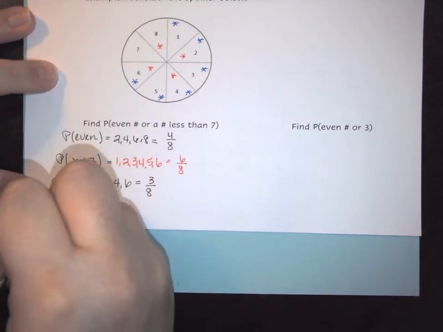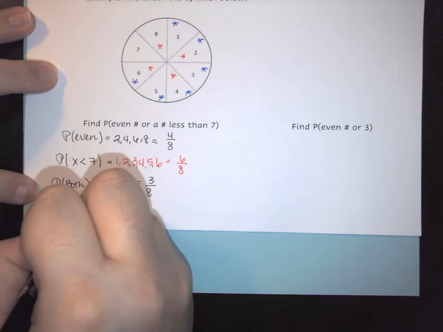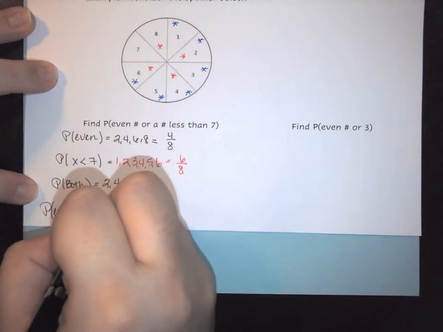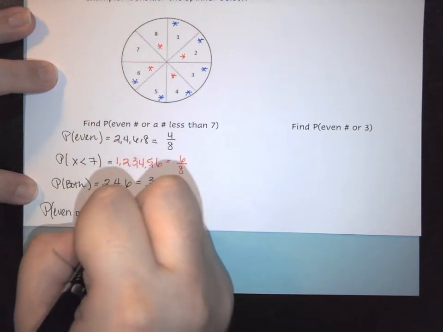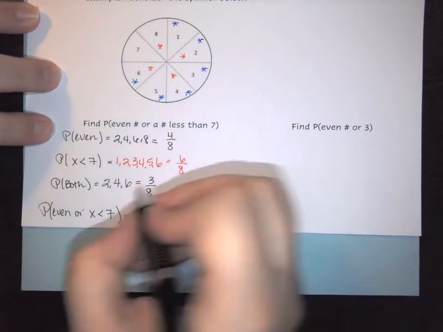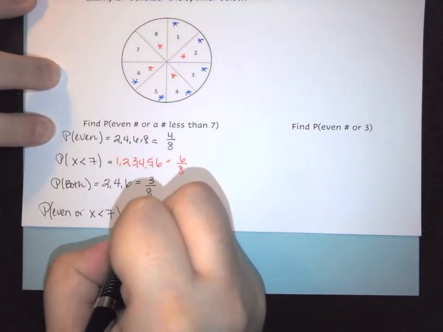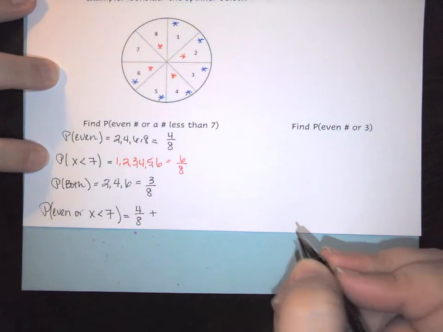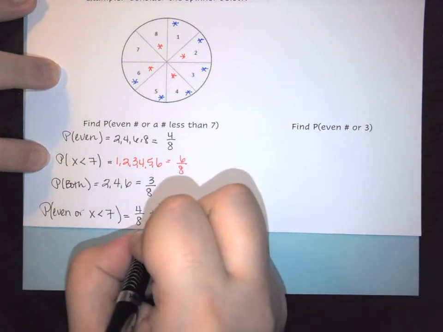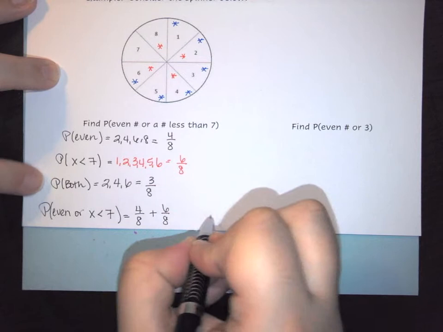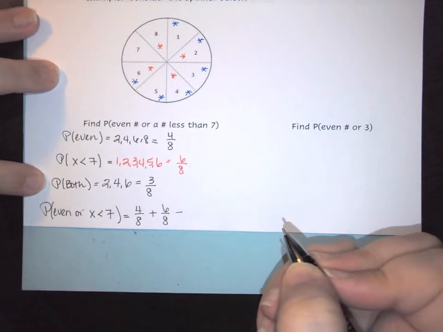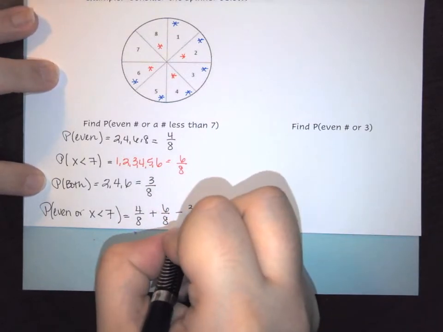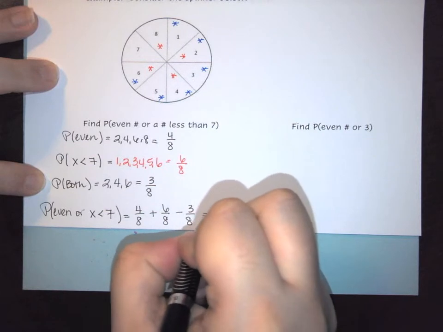So the probability of finding an even or that my number is less than 7 is going to be the probability of my even, so 4 over 8, plus the probability that I'm less than 7, so 6 over 8, minus the probability that both occur, 3 over 8.